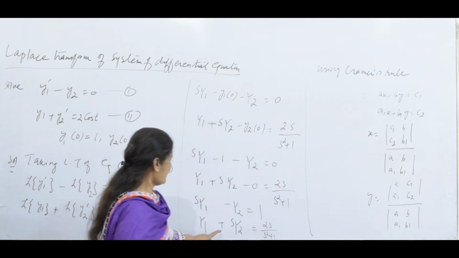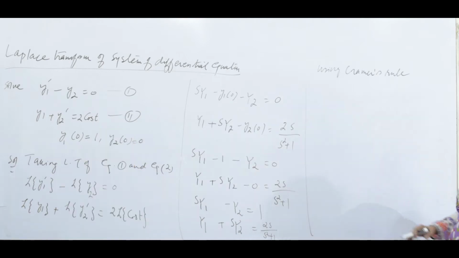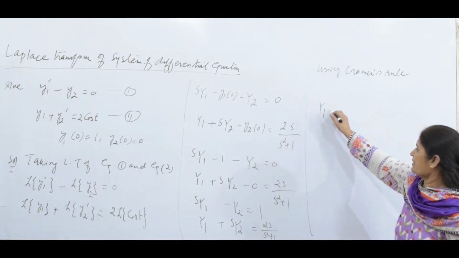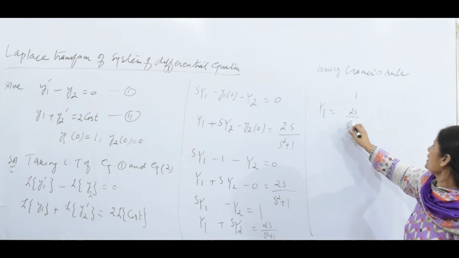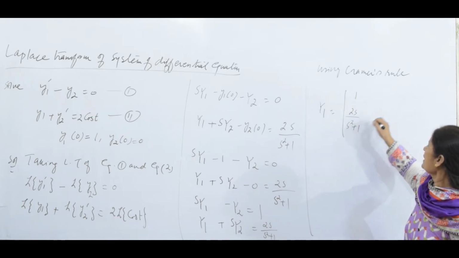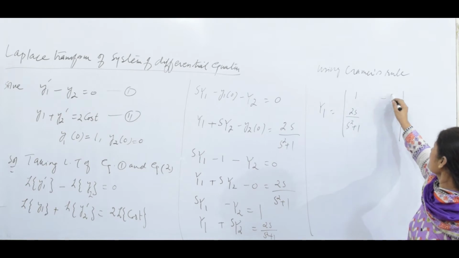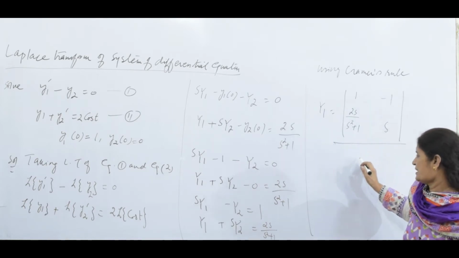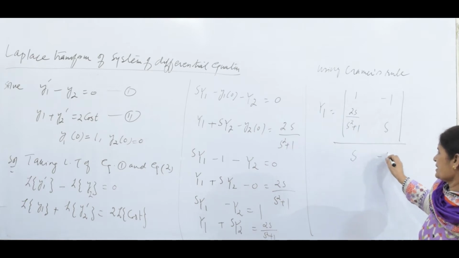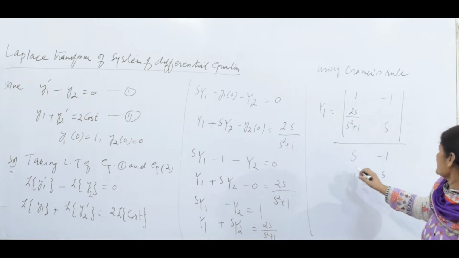Let me apply Cramer's rule here, for Y1. So the numerator has 1, 2s over s square plus 1, minus 1 and s, and the denominator has s, minus 1, 1 and s.